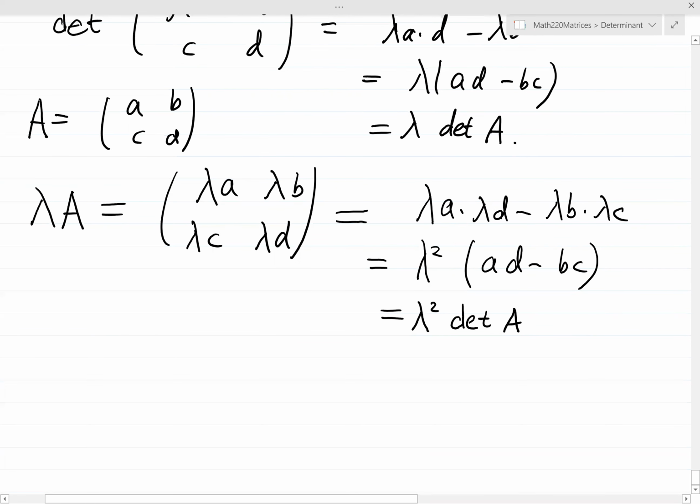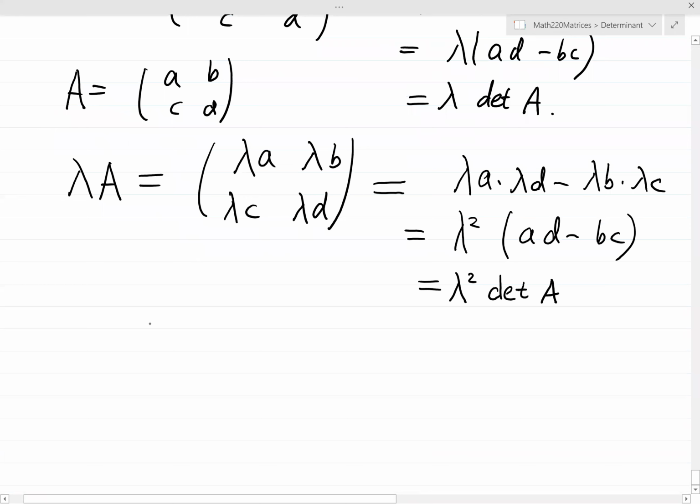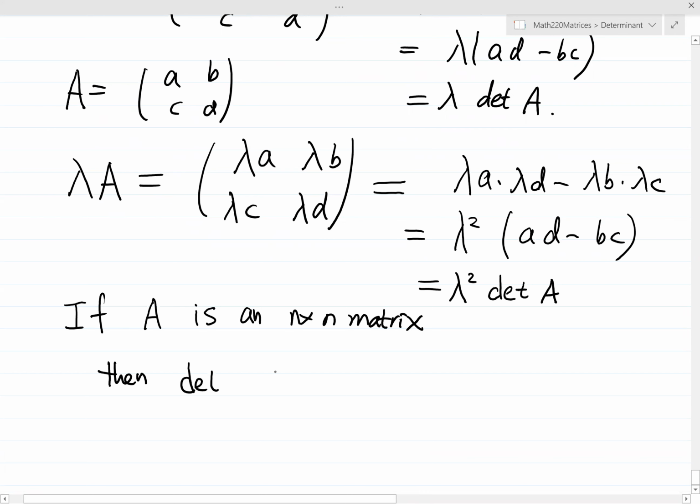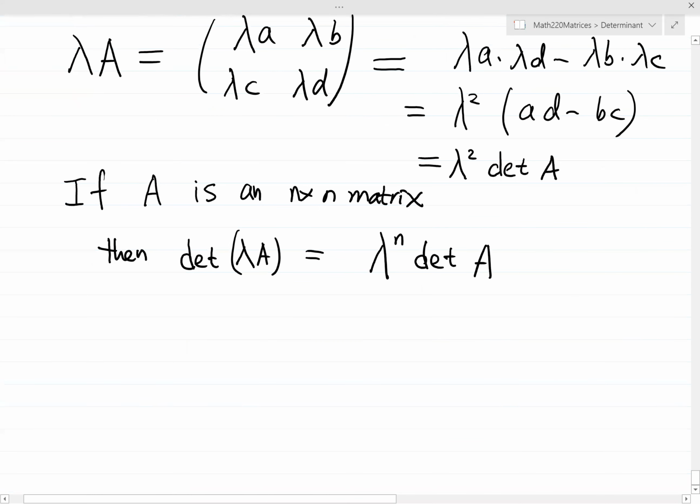So if A is an n by n matrix, then the determinant of lambda A, be careful here, is lambda to the power n times the determinant of A. Think about the volume. If we rescale every factor by lambda, the volume should be scaled by lambda to the power n.